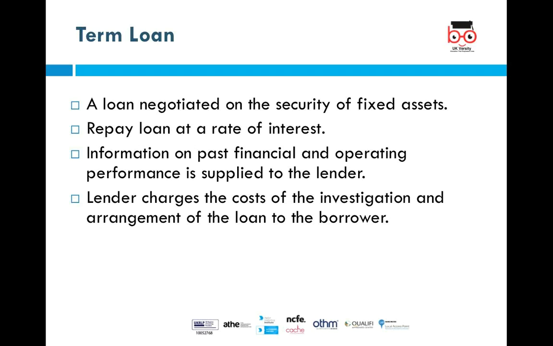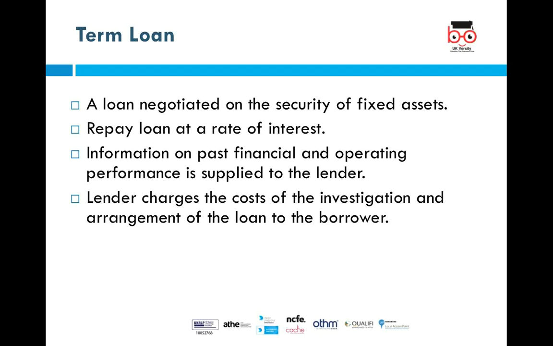A term loan is negotiated on the security of a fixed asset. It depends on what kind of security the borrower provides to the lender. It is repaid at a rate of interest which is normally fixed for the term loan, with equal repayments and installments. Information on past financial and operating performance is supplied to the lender, because the lender needs to see the previous history of the borrower.